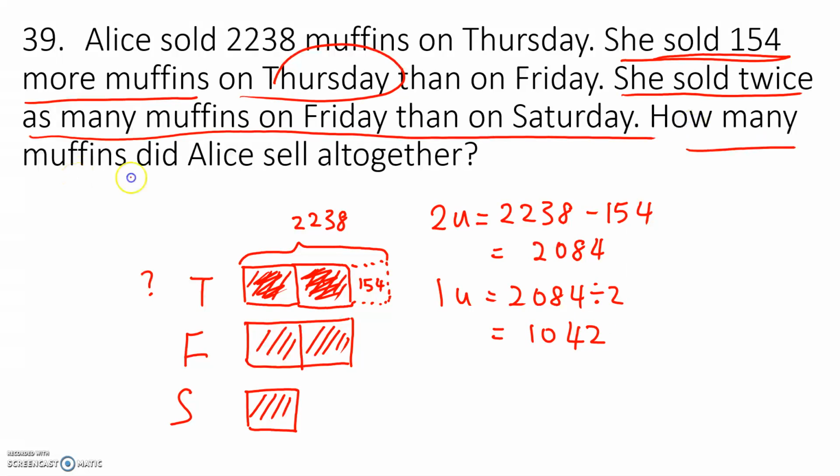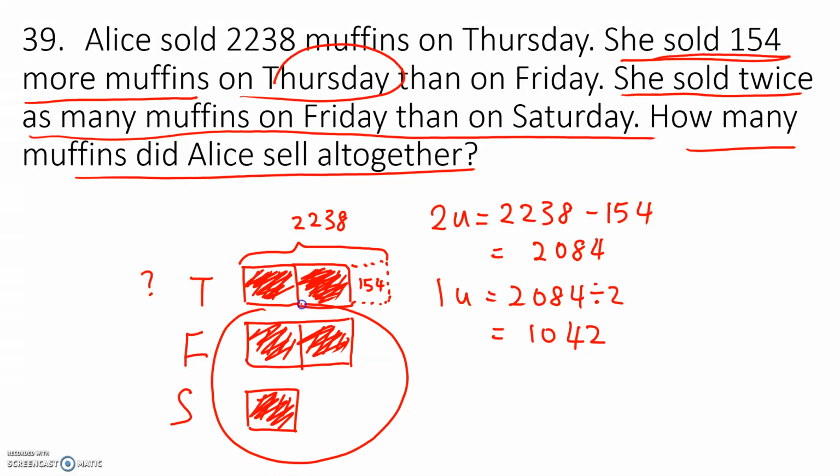How many muffins did she sell altogether? Now, there's 1 unit, 2 units, 3 units, 4 units, and 5 units. We already know that on Thursday she sold 2,238. So, we're going to find out how much she sold on Friday and Saturday first, which is made up of a total of 3 units.